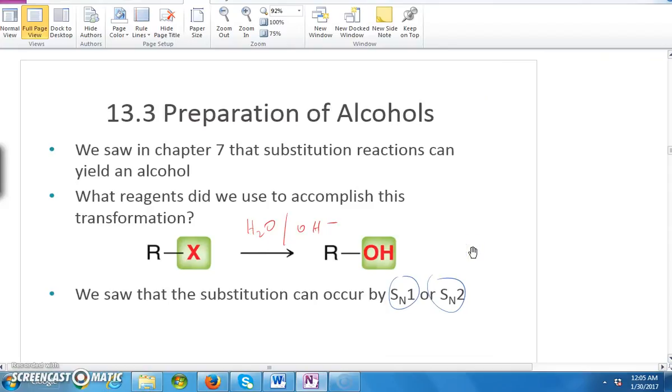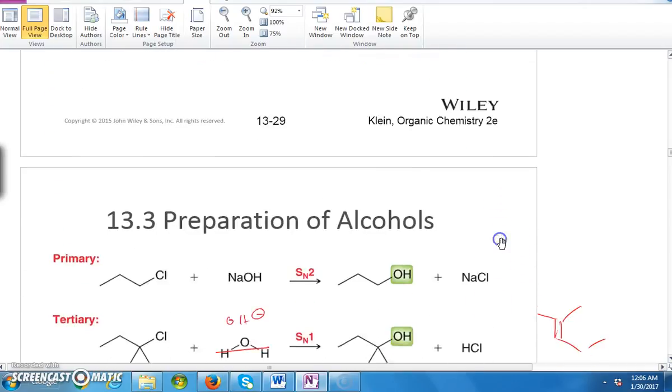Now, when considering preparation of alcohols, we saw in chapter 7 that substitution reactions can yield alcohols. And remember, you can use water or an OH group, a hydroxide. And we saw that the substitutions can occur either through an SN1 or SN2.